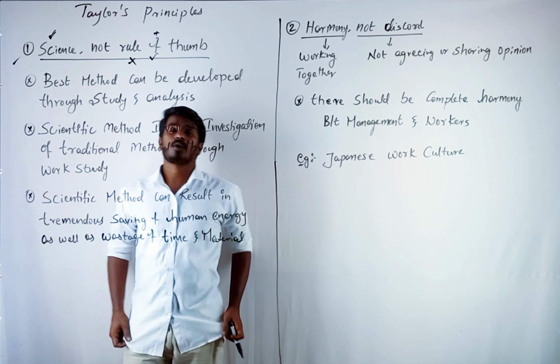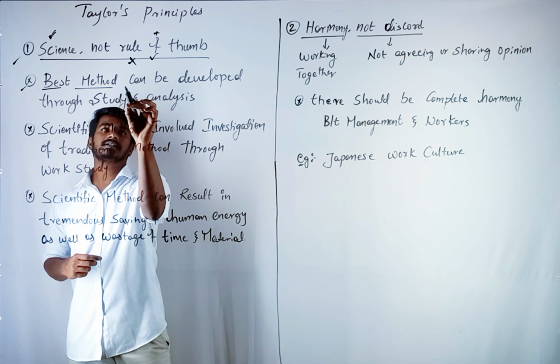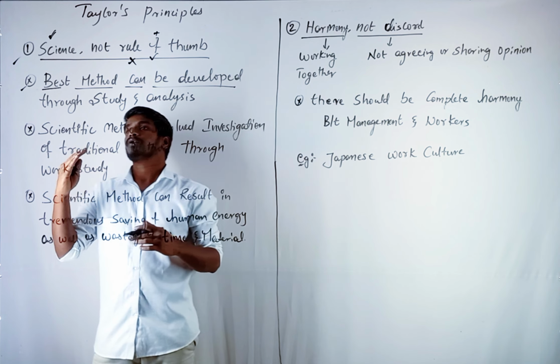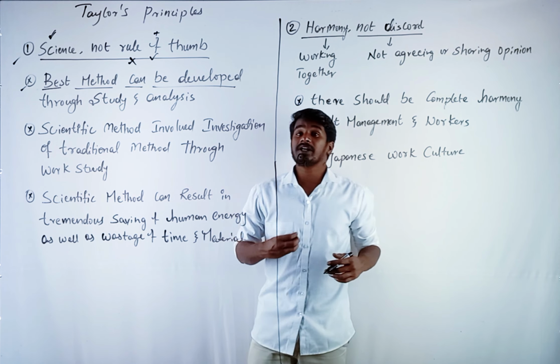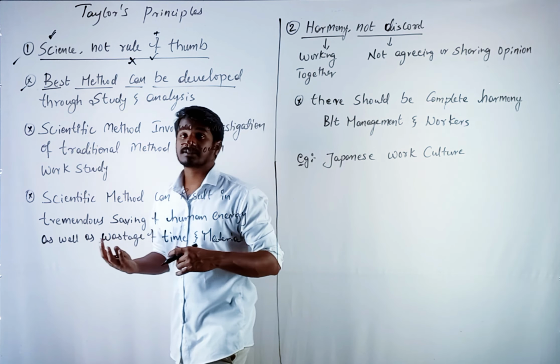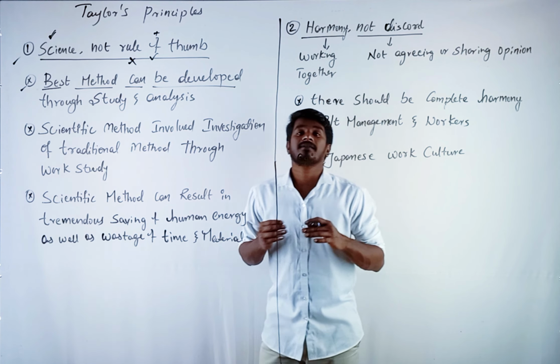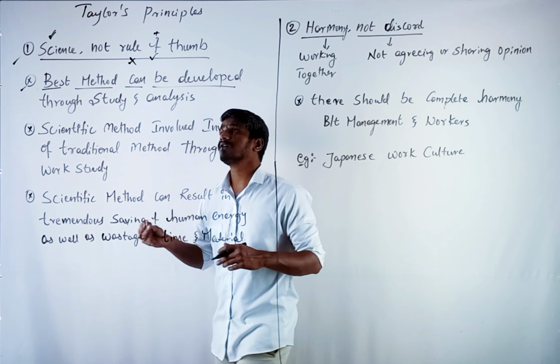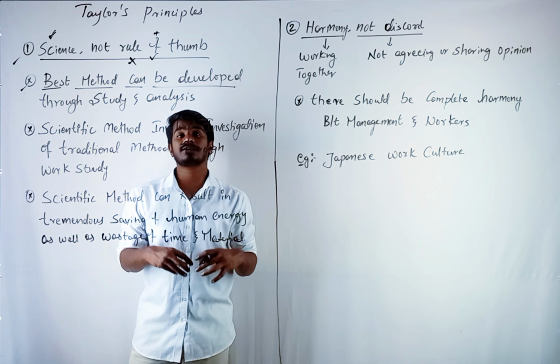So what is the first point? The best method can be developed through study and analysis. Only when you study, analyze and experiment with the methods you follow, will they be perfect, right? We should experiment with and study those principles.